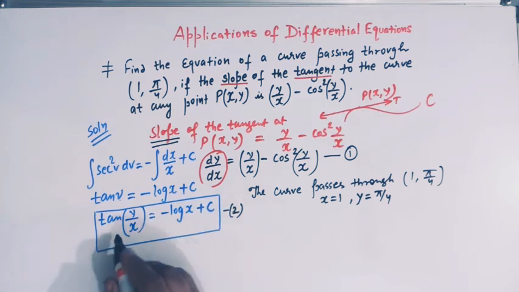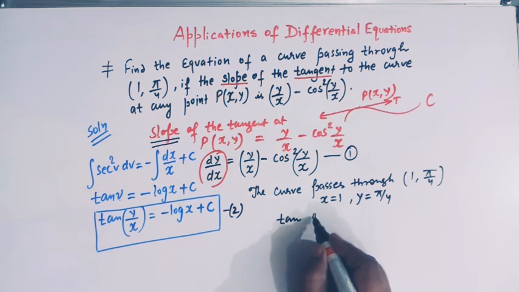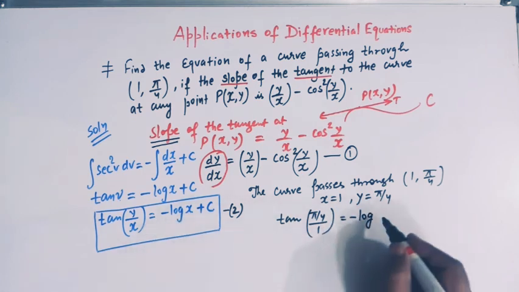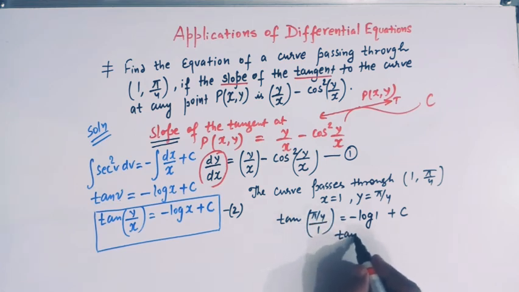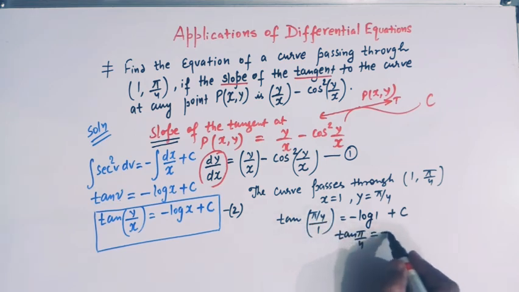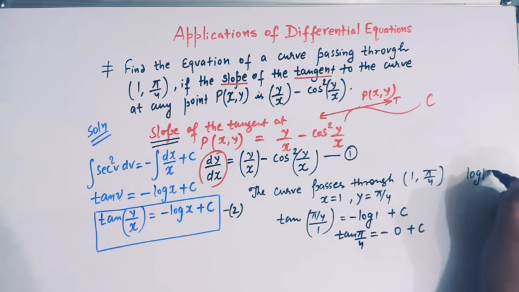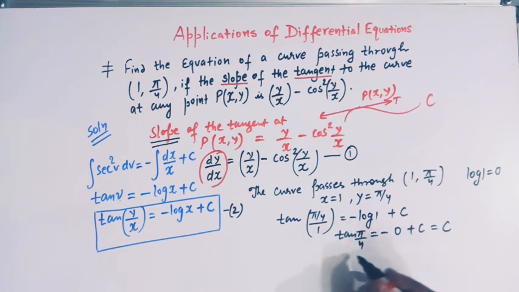So this is tan(π/4) = −log 1 + c. So this is tan(π/4) = −0 + c, because the value of log 1 is 0, and tan(π/4) is 1, so c = 1.